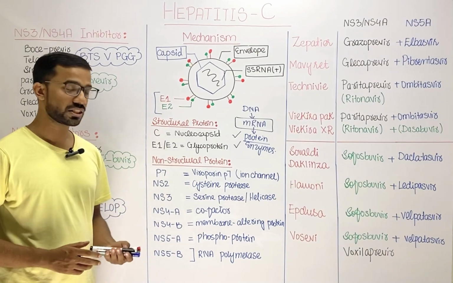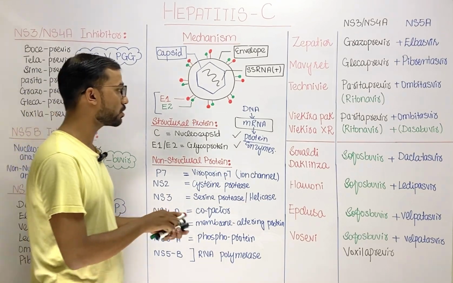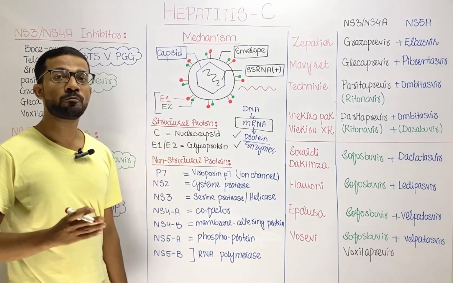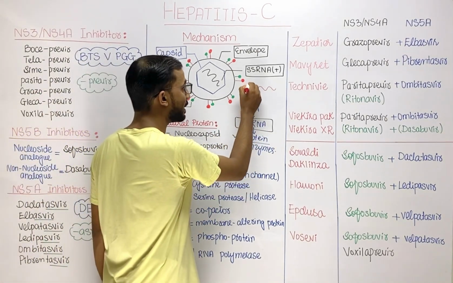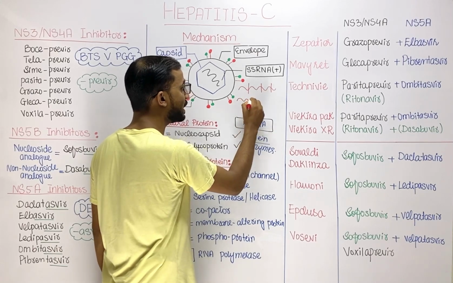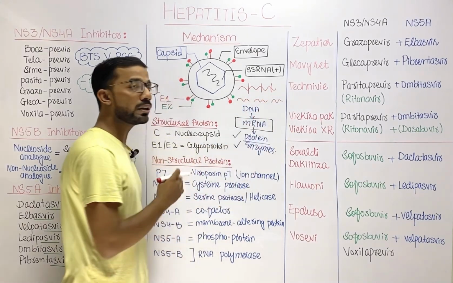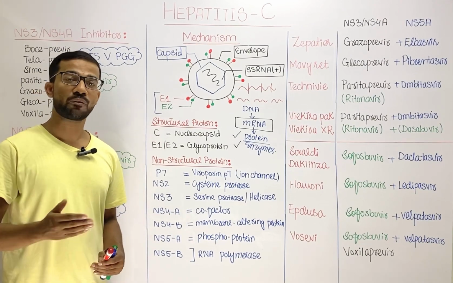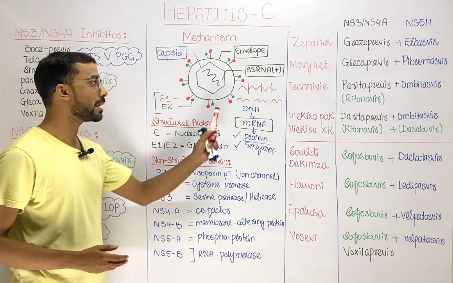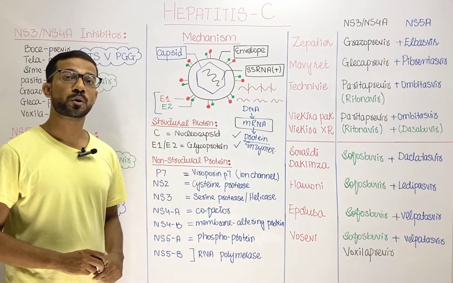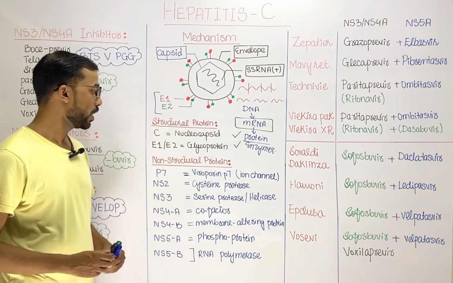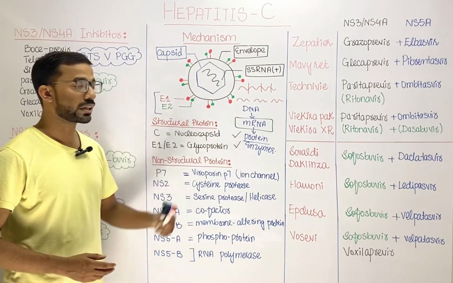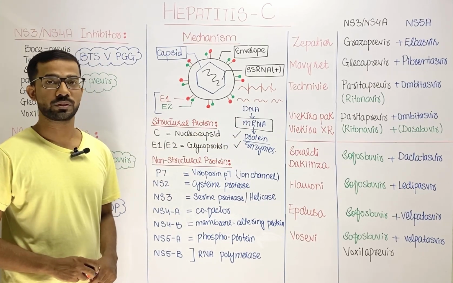Before discussing cysteine protease, we have to clear another concept: proteins form as a single chain in the form of polyproteins. After that, different enzymes cleave these polyproteins and form the different types of proteins from the single protein. So NS2, the cysteine protease, cleaves the polyprotein and forms the different types of proteins.